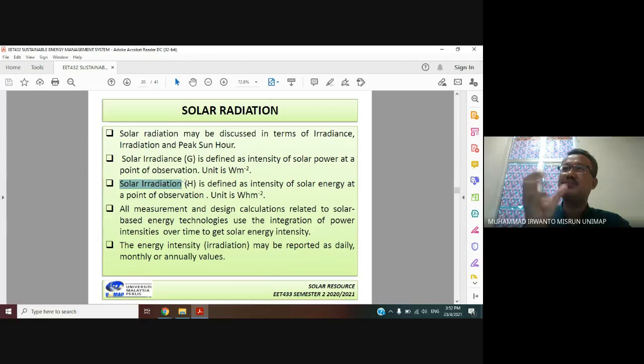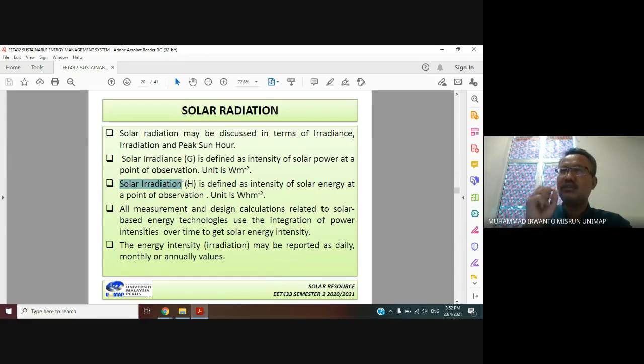Now we have obtained the solar radiation data. From this we can decide how many watt per meter squared is available in the area.